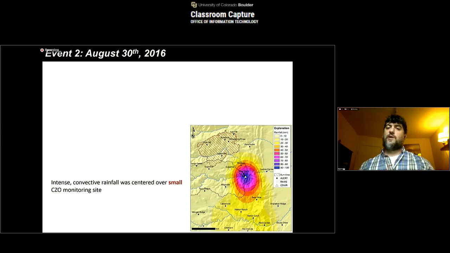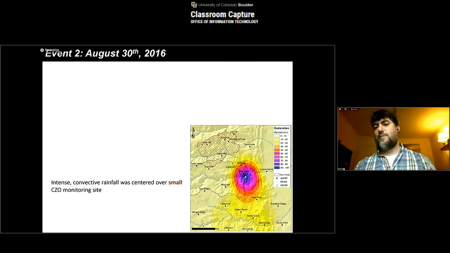And when I first got here, this event happened in 2016, where it had much higher rainfall rates but had a much smaller spatial footprint and had much shorter duration.